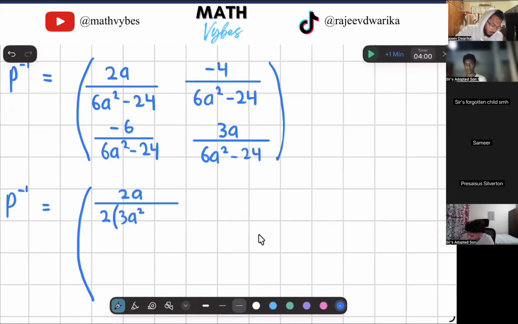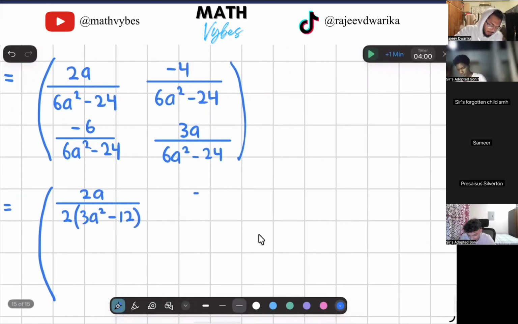And what by 2 would give me back 24? 12. You'll see why I'm doing this shortly. Then I have minus 4 on top. What could I pull out from 6 and 24? I could pull out 2 again. If I pull out 2 again, I'll write 3a squared minus 12.